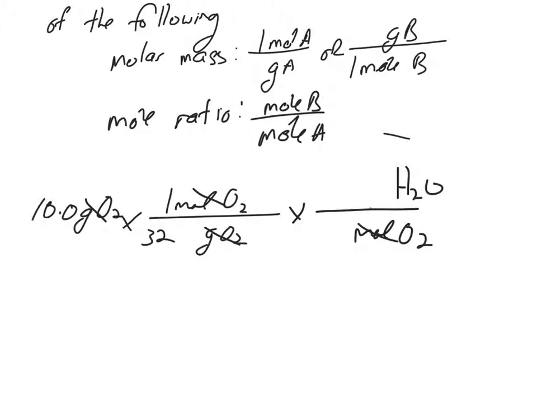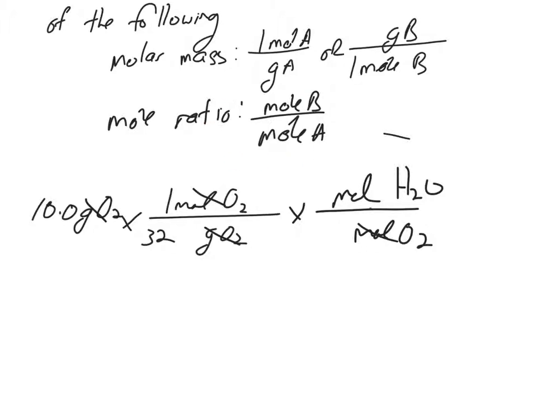So I cannot put grams up there at this time. I would have to use mole H2O, and that shows us that we've gone from moles of one ingredient to moles of another ingredient as specified in the mole ratio.